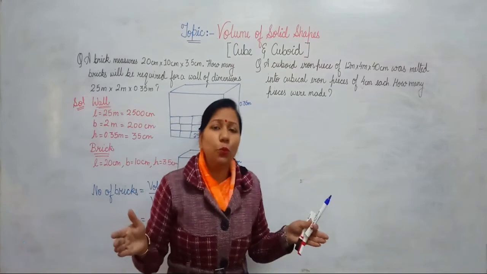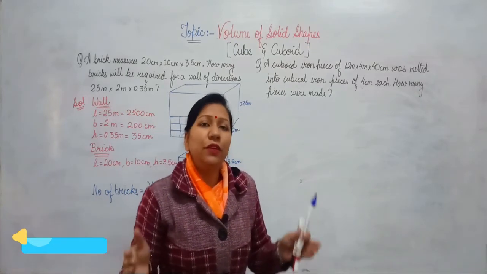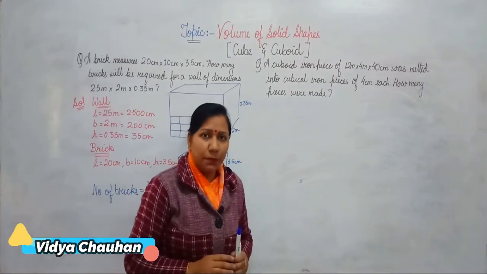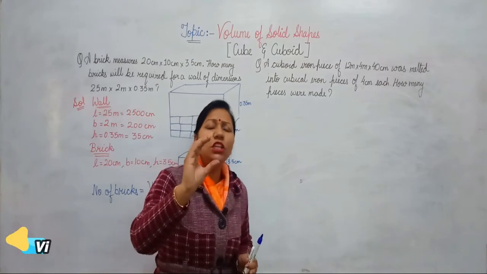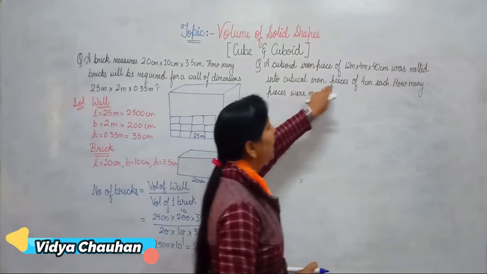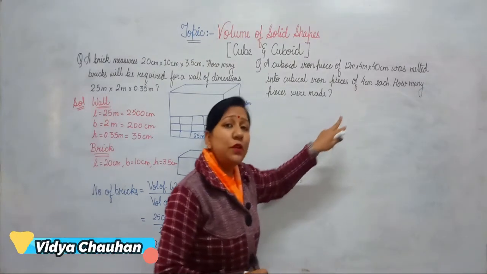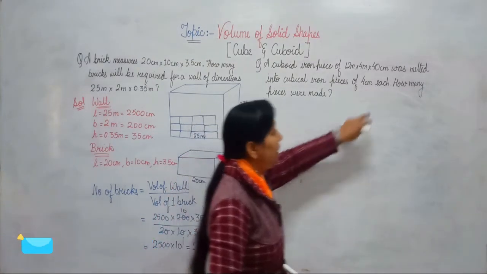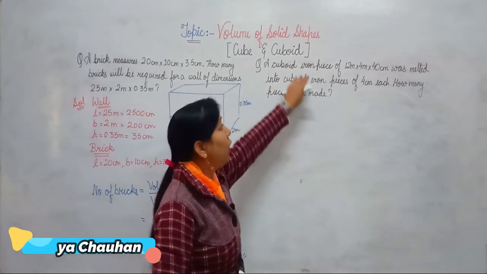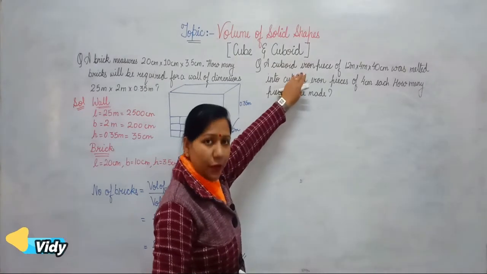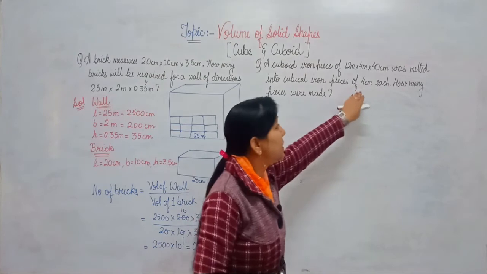So there is a big cuboidal iron piece given to us, and we have melted that cuboidal piece, and after melting it, we have made small cubical iron pieces, and the dimension of each cubical iron piece is 4 centimeter each. Then you have to find how many pieces were made.